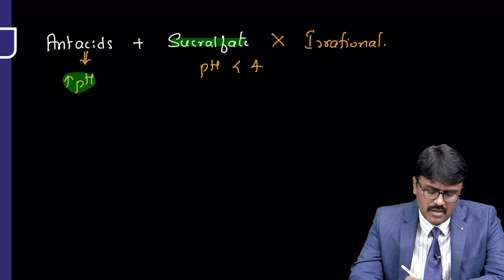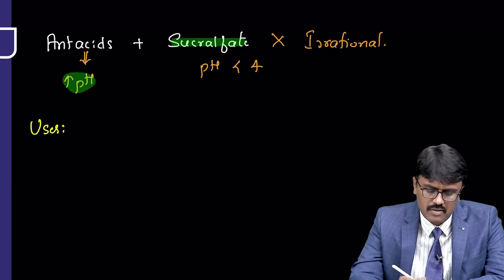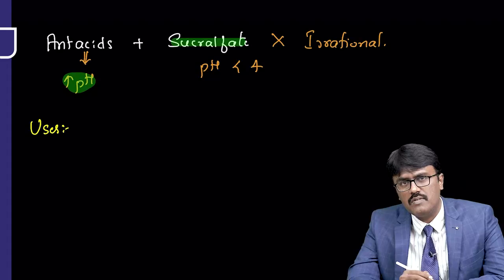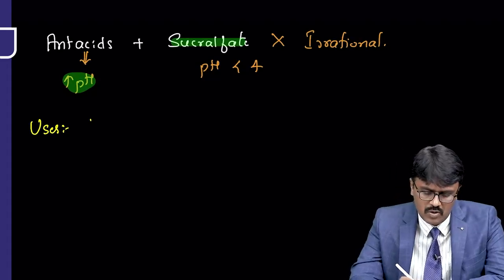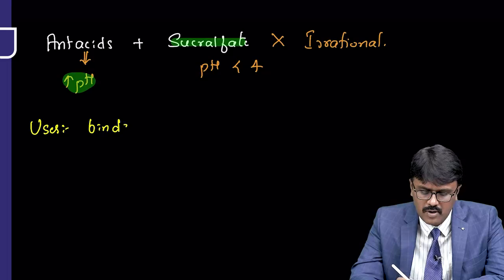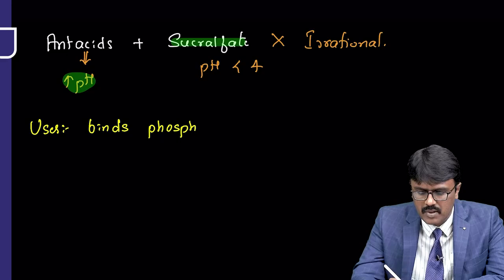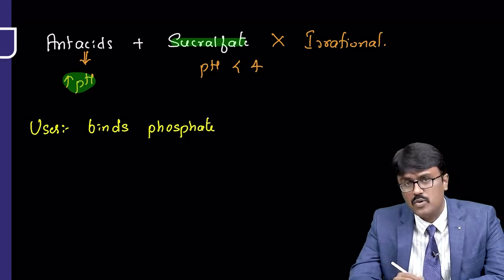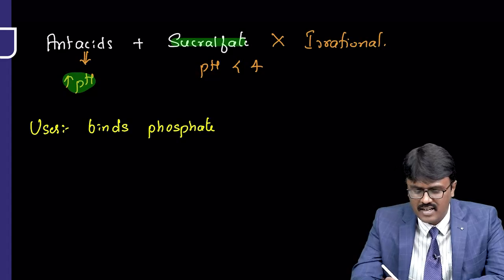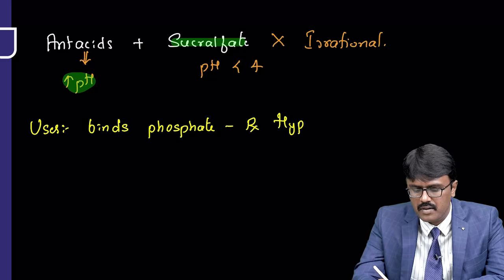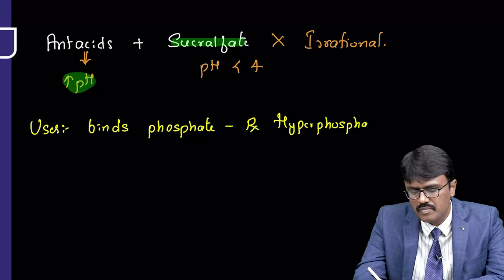Another important aspect, apart from peptic ulcer disease: do we use sucralfate anywhere else? Yes. Sucralfate binds phosphate in the gut. So why should I use it? I can use it to treat a condition called hyperphosphatemia.